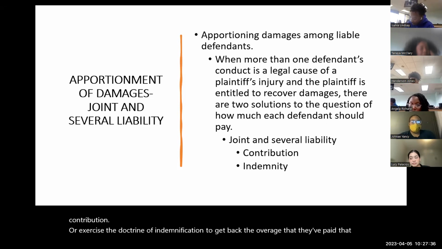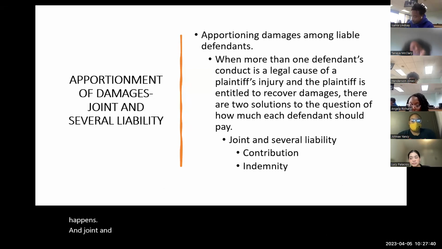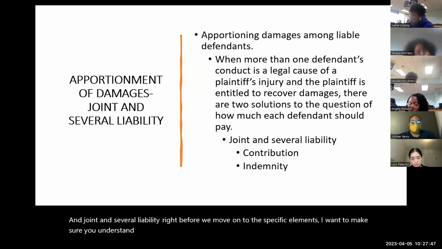That only happens in joint and several liability. Before we move on to the specific elements, I want to make sure you understand contribution and indemnification only happen in joint and several liability.